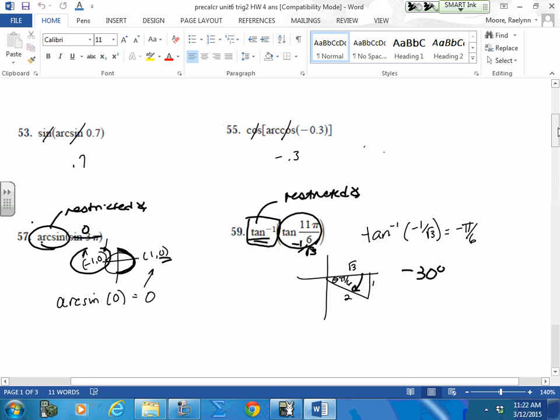My answer has to be in the restricted angle. I found the restricted angle whose tangent was the same as the tangent of angle 11 pi over 6. What you guys need to do is just follow order of operations. Go to the parentheses, do that first. Back out of the parentheses and see what they want to know next.